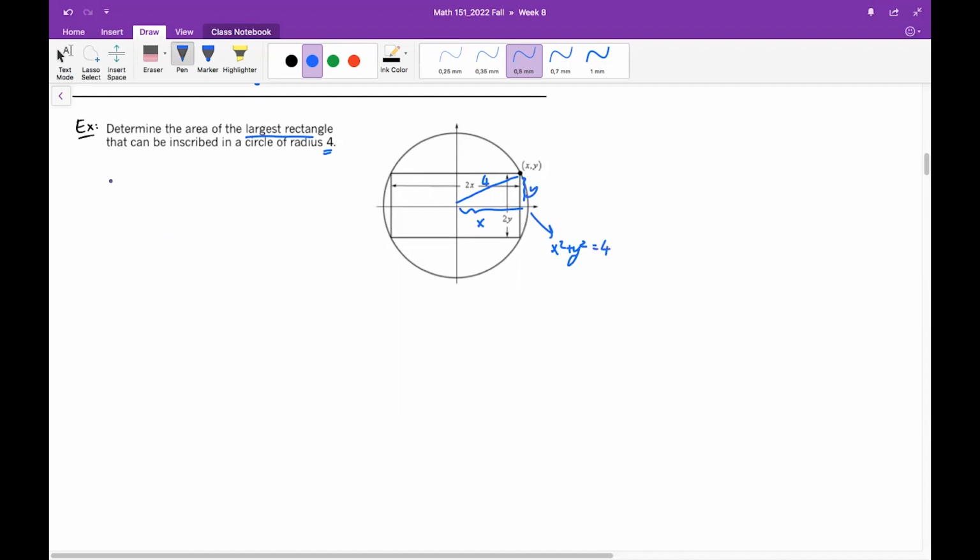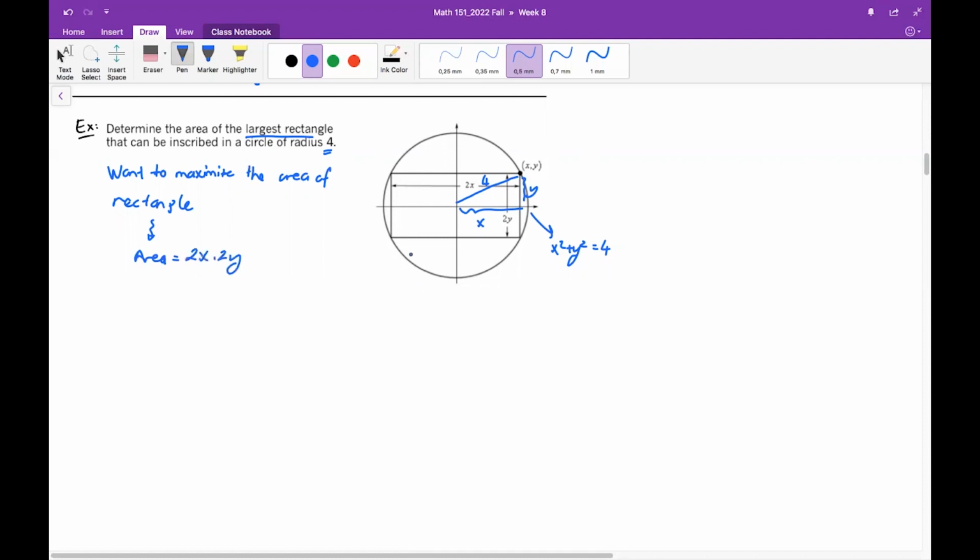We want to maximize the area of the rectangle. Okay, let's then write an expression for the area function. So the area of the rectangle is given by, of course, this edge times this edge, where 2x times 2y.